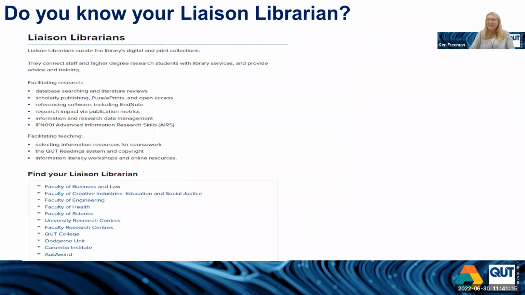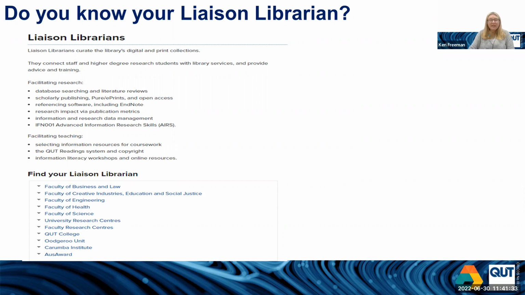Do you know your liaison librarian? This is an interesting one because whenever I talk about liaison librarians, lots of times HDRs don't know what I'm talking about. There's a link there to find your liaison librarian.